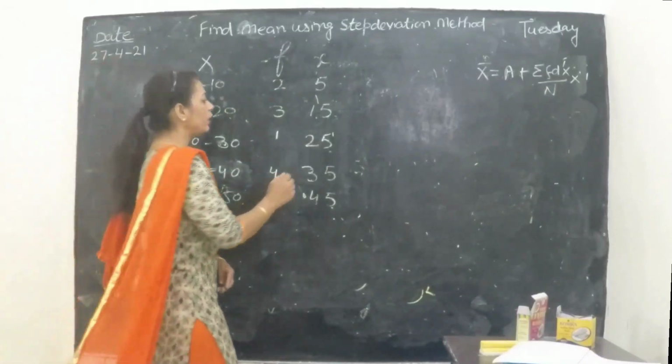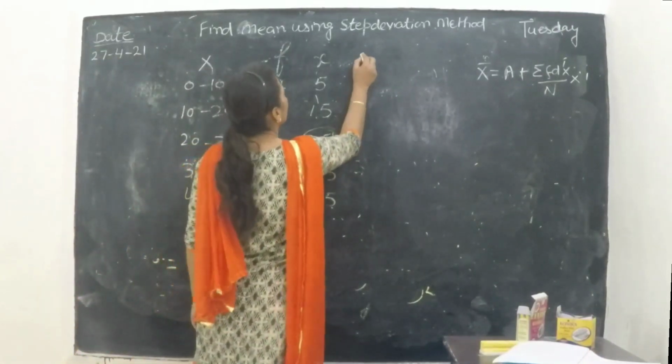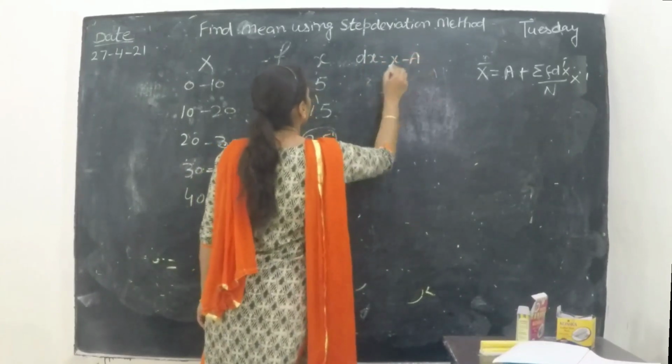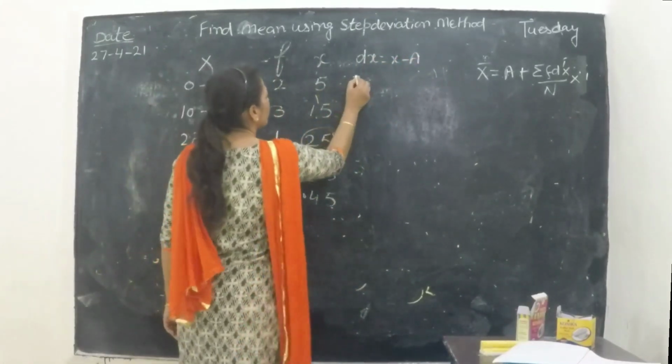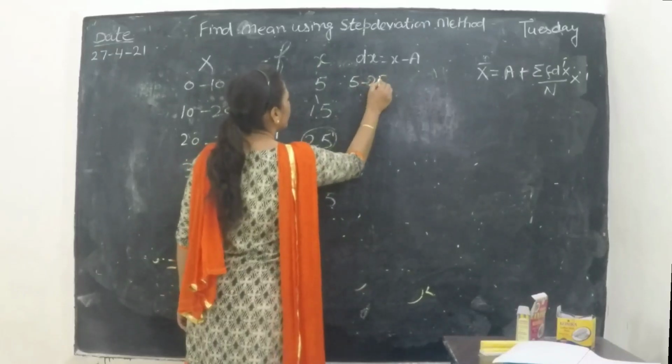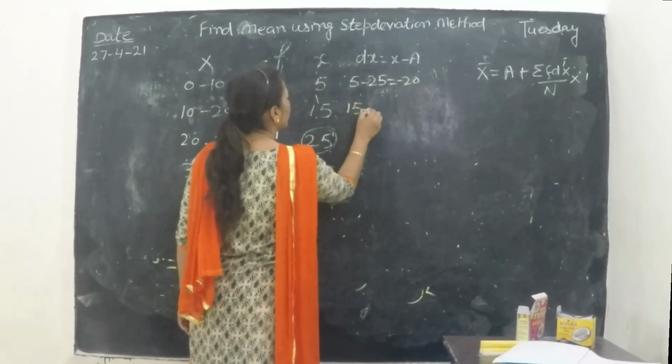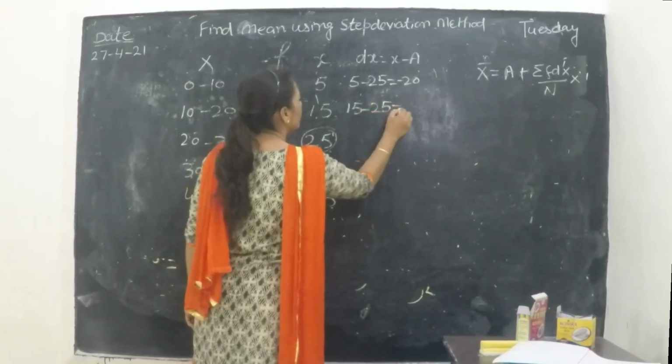Now I will take the assumed mean. I will take 25 as the assumed mean. So dx is equal to x minus a. 5 minus 25 is equal to minus 20. 15 minus 25 is equal to minus 10.